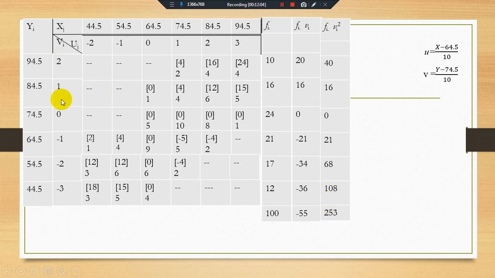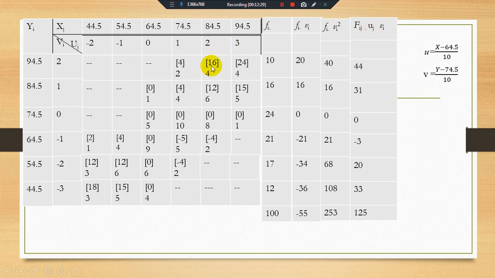So take the square of this series and then multiply by this and we get FiVi square. Okay, let's have the last one, that is FijUjVi. Okay, this is the sum of FijUjVi.